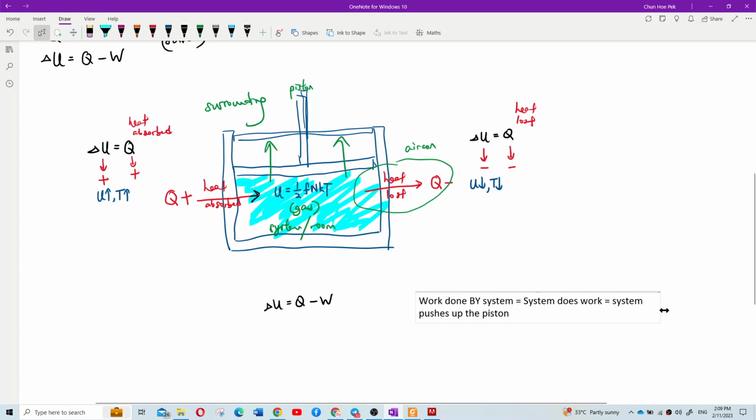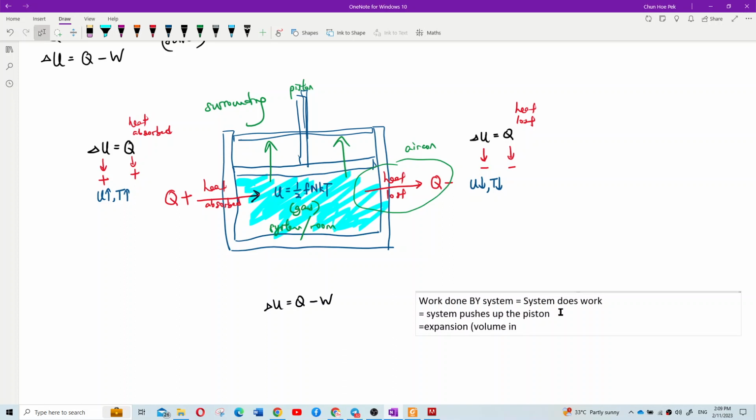When the piston is pushed up, what happens, class? It means expansion. That means the volume increases. Correct or not, class?